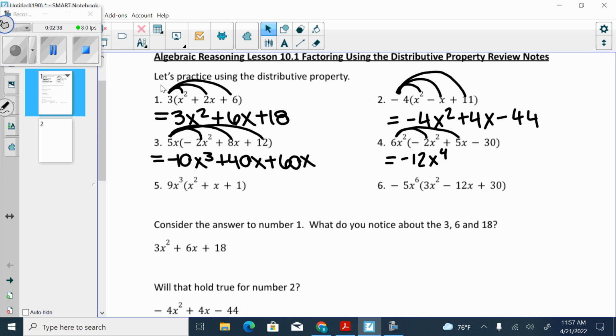Yes. That would be 30x. Good. But are we supposed to add those two since they're like terms? What's like terms? 40x and 60x. Where? On the last problem. Oh, sorry, this was supposed to be x squared. I just forgot to put squared.